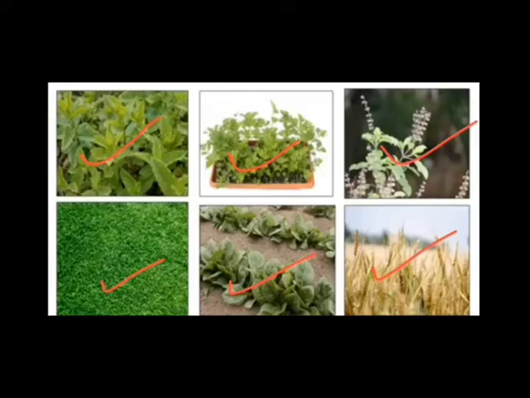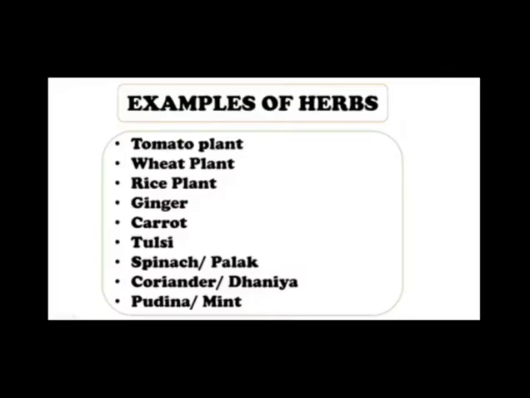Now let's see some more examples of herbs. Tomato plant, wheat plant, rice plant, ginger, carrot, tulsi, spinach, coriander or dhania, pudina or mint, all of these are examples of herbs.